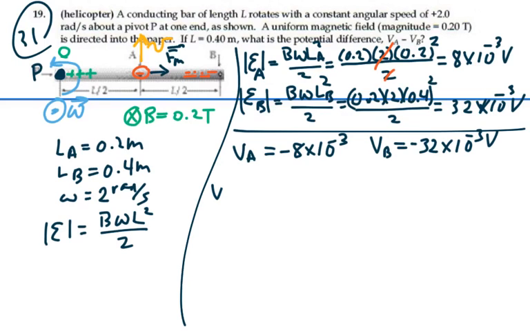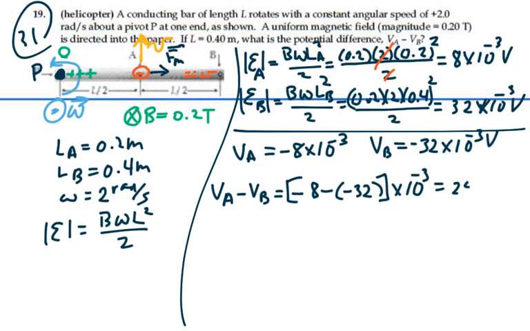So the potential at A minus the potential at B is going to equal negative 8 minus negative 32, all times 10 to the minus 3. 8 minus a negative 32 is 8 plus 32, which is 24.